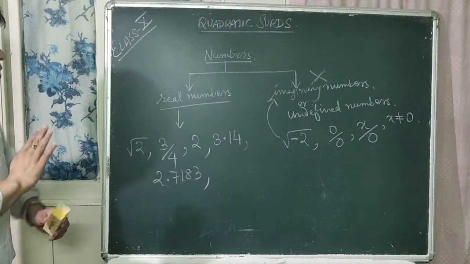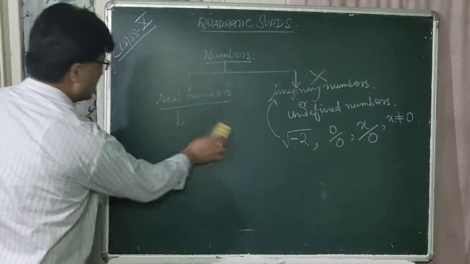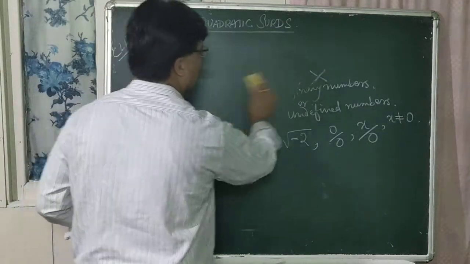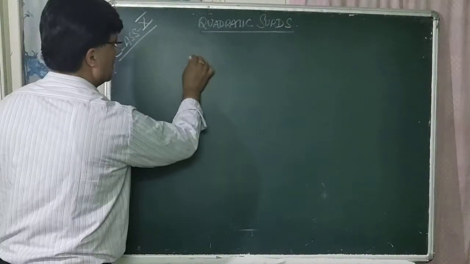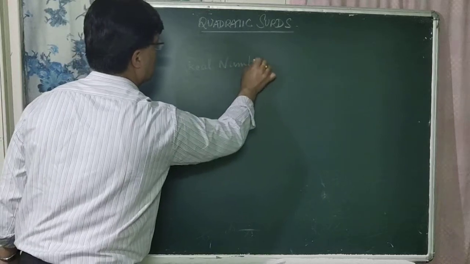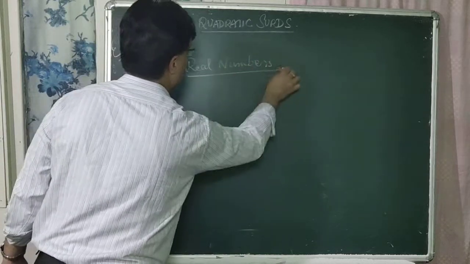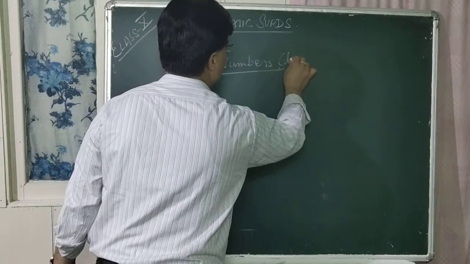This is all about your numbers, right? Now let us discuss the real numbers only, that is defined numbers. So real numbers are what? Defined numbers.